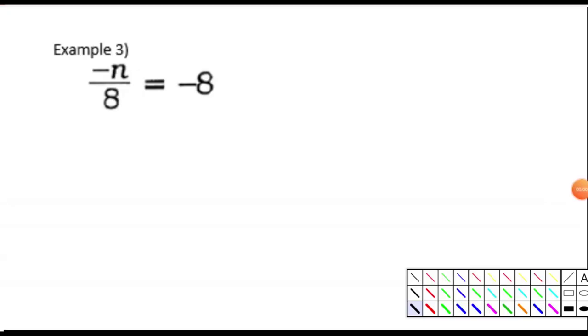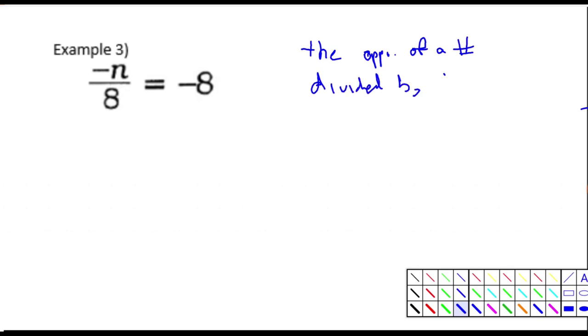And this is a little weird guy. Writing this is kind of weird. What this says is, let's do the first part: when you see that negative there, the opposite of a number divided by 8 equals negative 8.